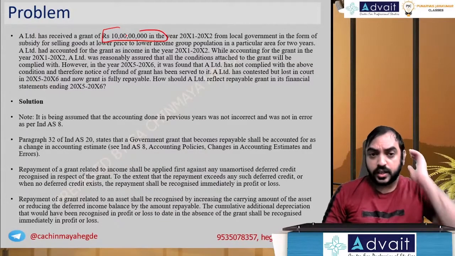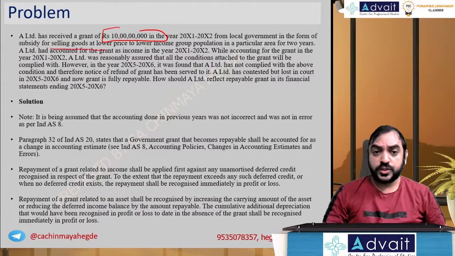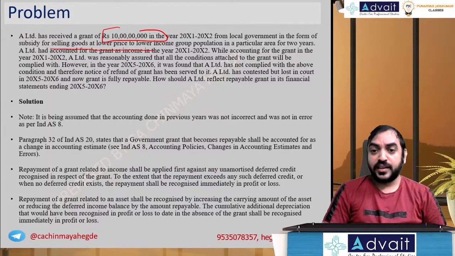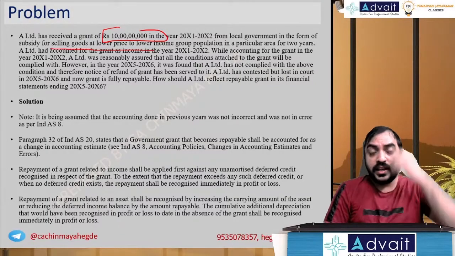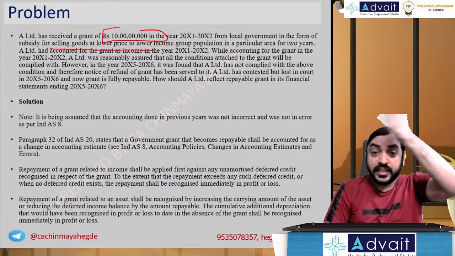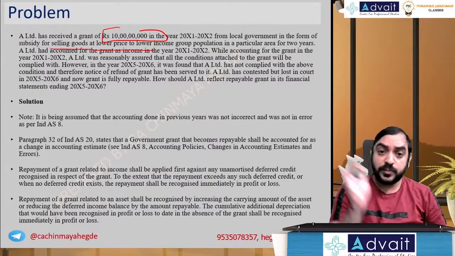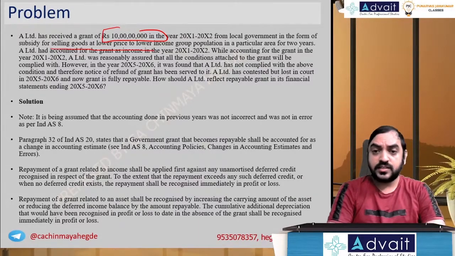So that it is selling goods at a lower price to lower income poor people in a particular area for 2 years. A Limited had accounted for the grant as income in the year 2001-2. While accounting for the grant in that year, A Limited was reasonably assured that all the conditions attached to the grant will be complied with.